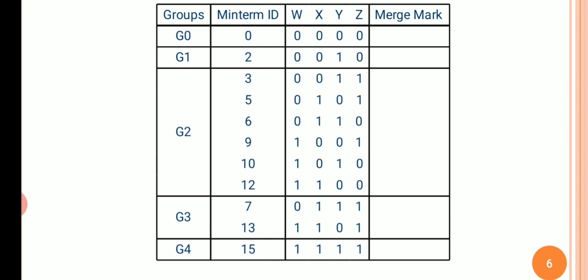Only y is changing from 0 to 1. That means you can group these two min terms together. And now you have to put a tick mark in the column of merge mark. Where to put the tick mark? In front of this min term 0 and in front of the min term 2.